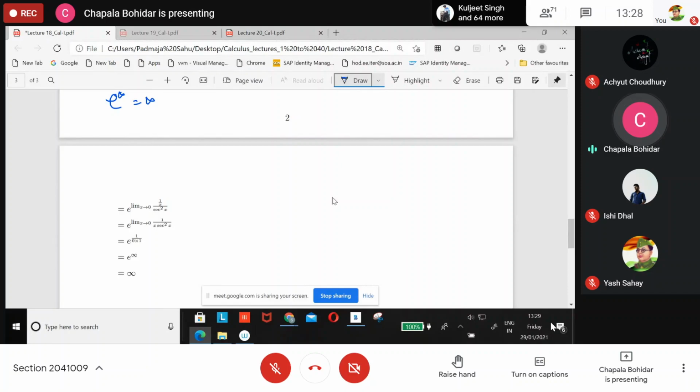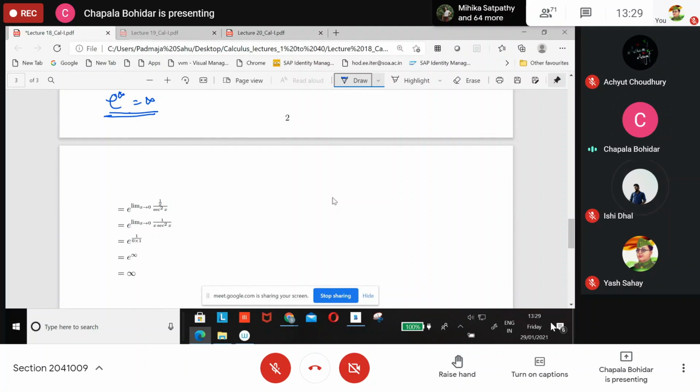E to the power infinity is how much? It is also infinity. You have to write down this statement. For function to the power function, you have to take E to the power log.